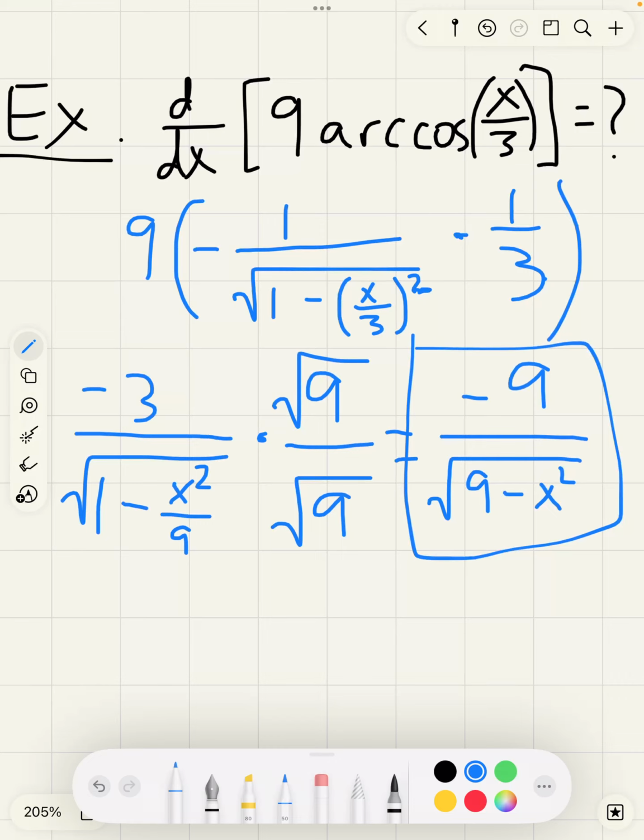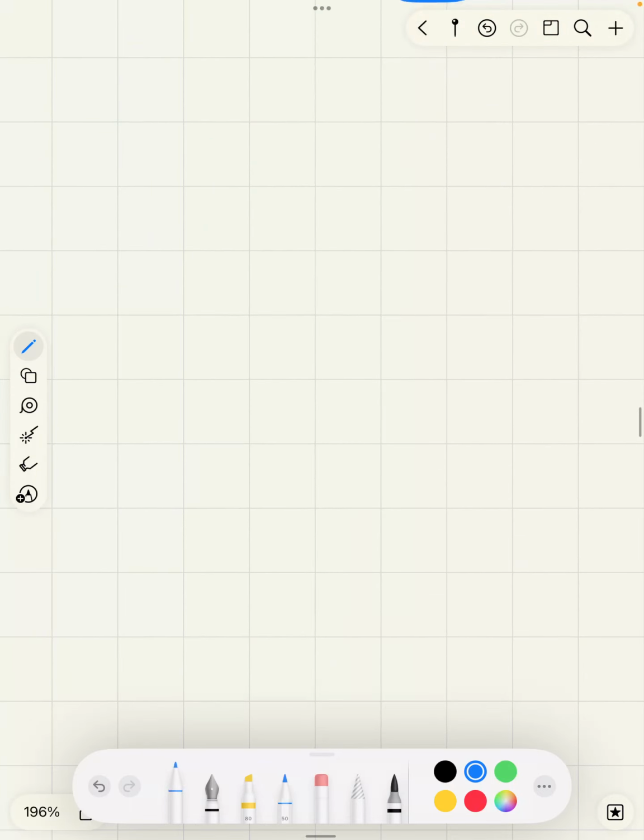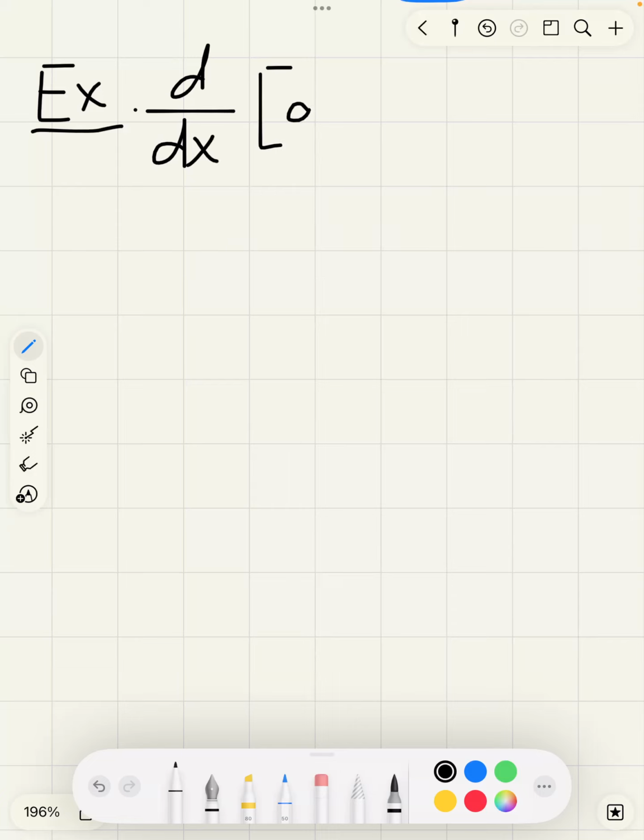One more example. So for this next example, let's say that we want to know the derivative of arc cotangent of the square root of x.